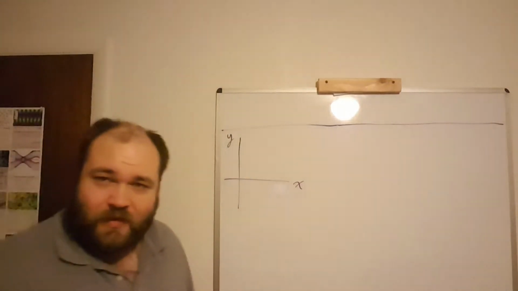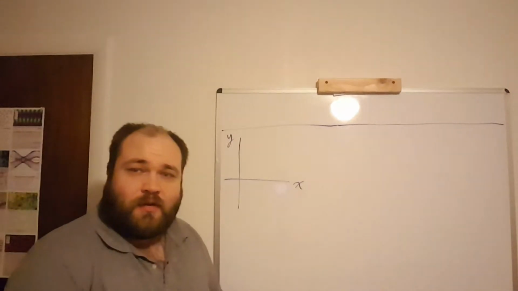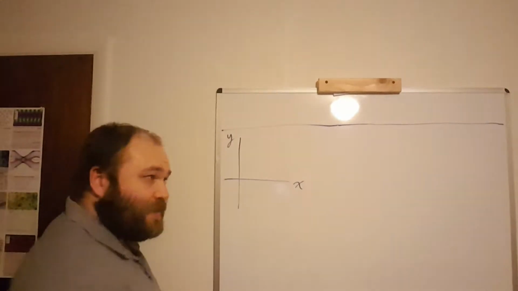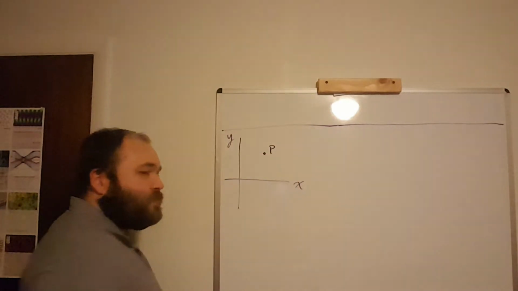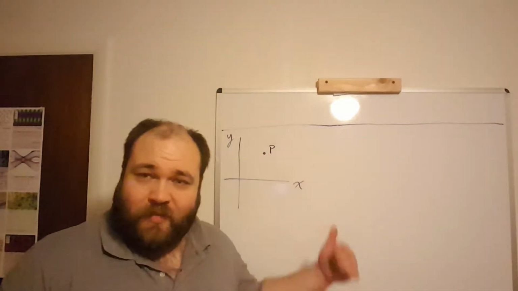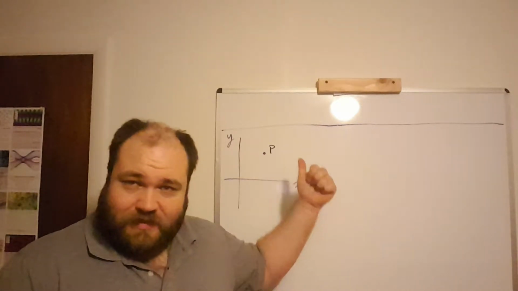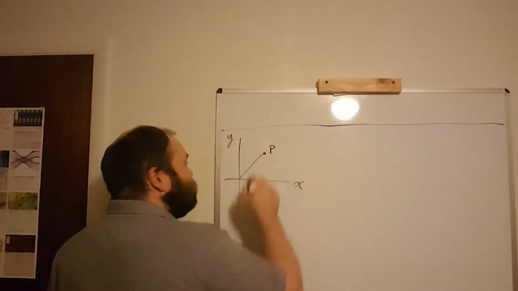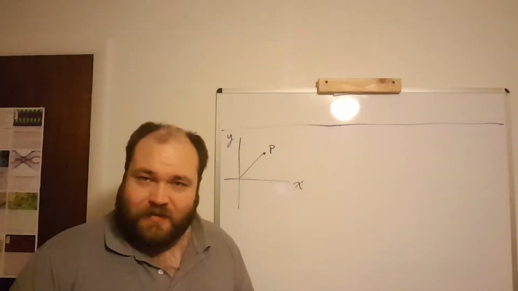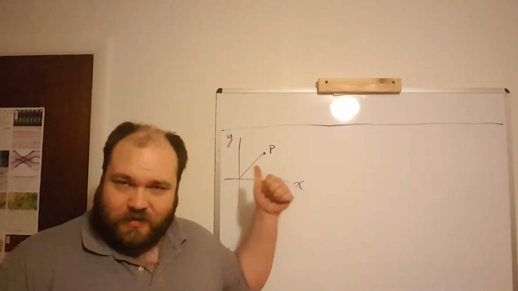So we start out with our rectilinear space, and we find some random point P in that space. And from that point, we know that the distance to it, which we'll call r, is basically the square root of the x squared plus the y squared values.